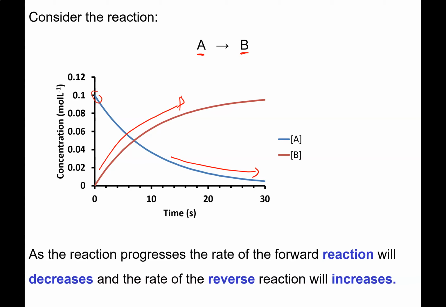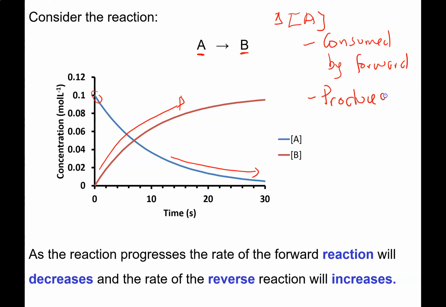So what we know is that the concentration of A is changing because it's being consumed by the forward reaction and it's being produced by the reverse reaction. So if I want to write a rate law for the reaction of A going to B, it's going to be complicated by the fact that there are actually two reactions going on.